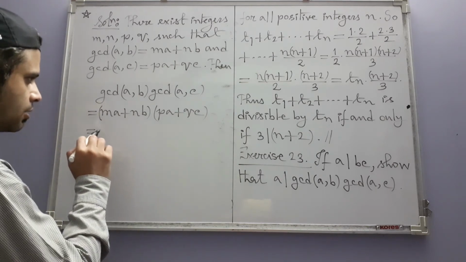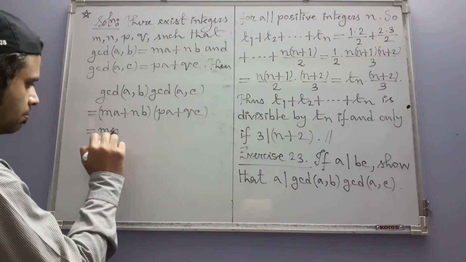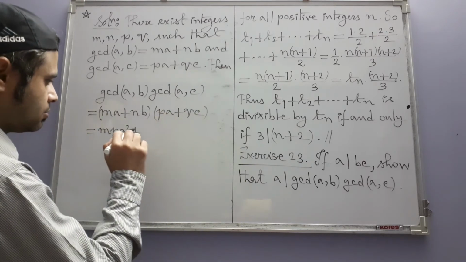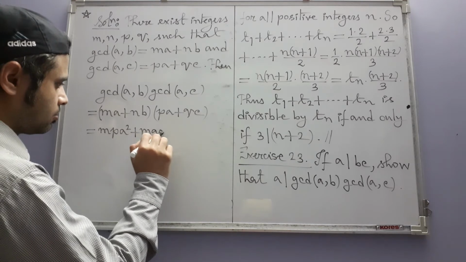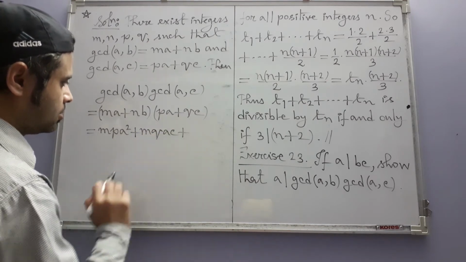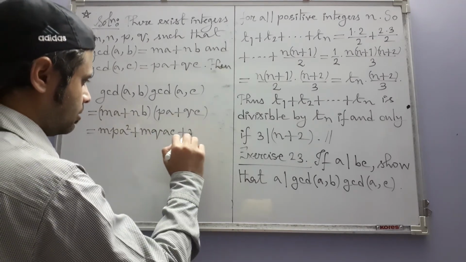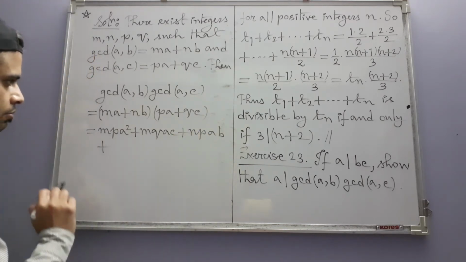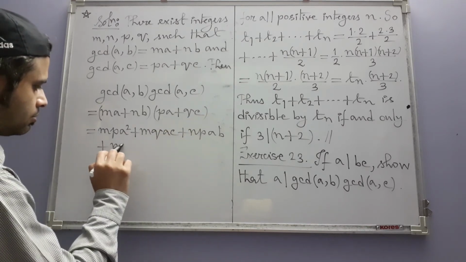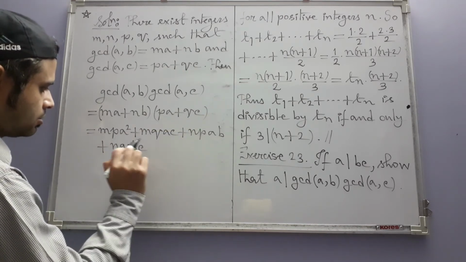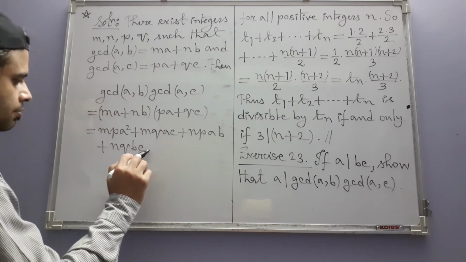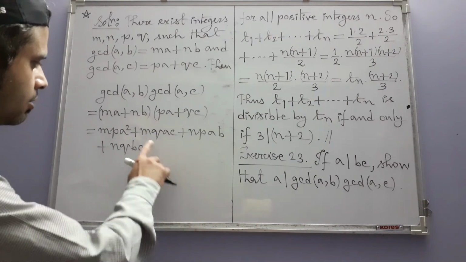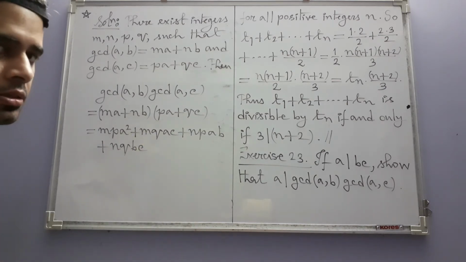Multiply the terms out. mpa squared plus mqac plus npab plus nqbc, because ordinary multiplication is a commutative operation, so it does not matter how you write these terms.